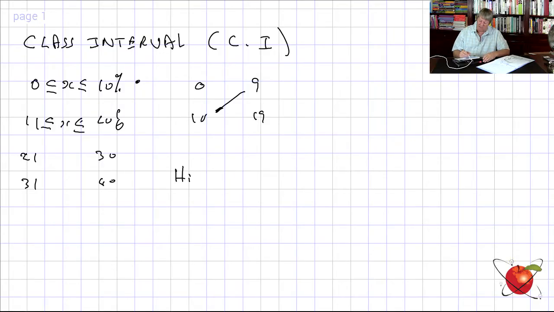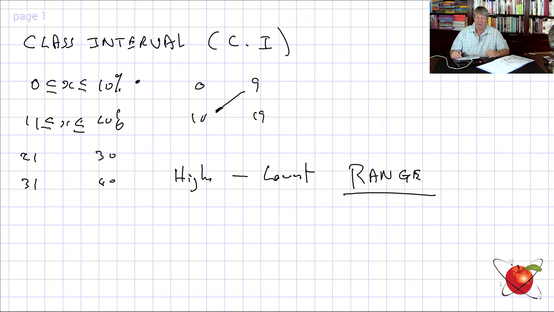But generally, you'll take your highest minus your lowest. That gives you your range, doesn't it? And you'll take the range and divide it by some number that gives you how many class intervals. And that gives you an idea of where to start to plot it. Don't be too phased about that.